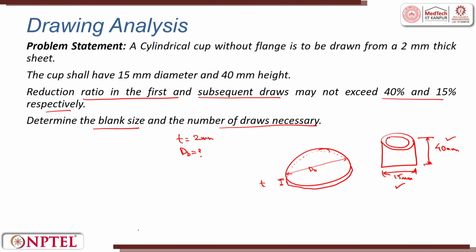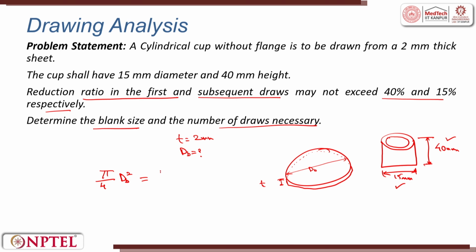Let me try to solve this. A blank diameter can be calculated by equating the surface area, assuming the variation in thickness is insignificant. To equate the surface areas, I can say pi by 4 of dB square, that is the surface area of the blank. This is equal to the surface area of cup.